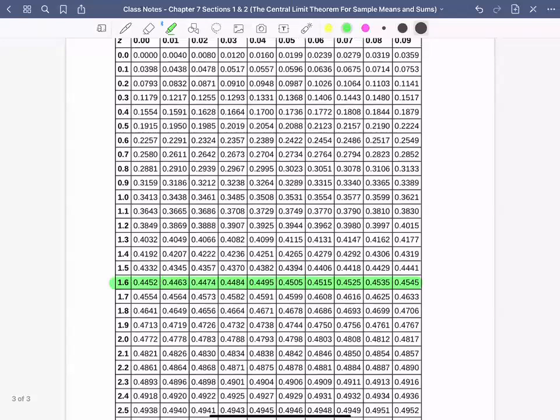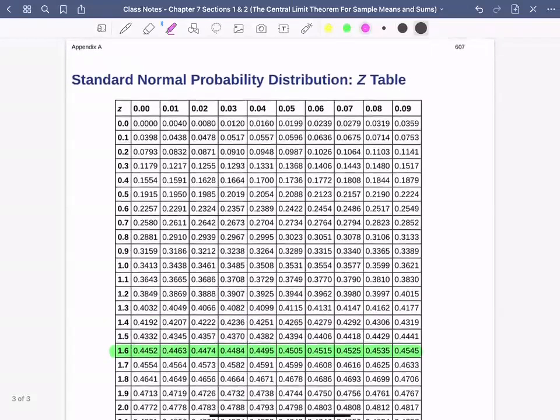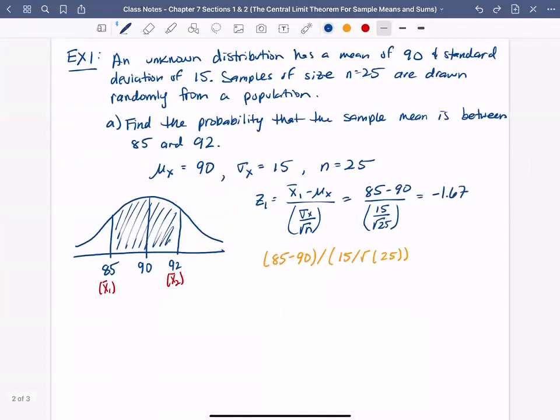And then now we look for the 0.07, which is right here. And so you can see that the number we're looking for is right here, the 0.4525. That's what we're going to be using.